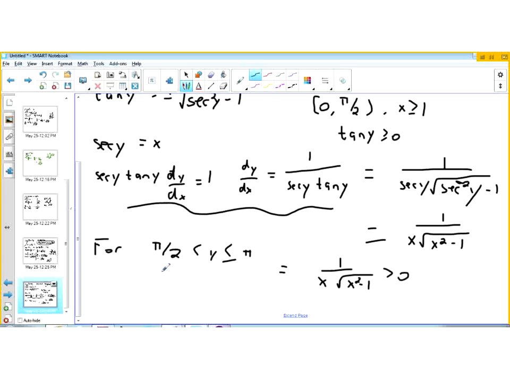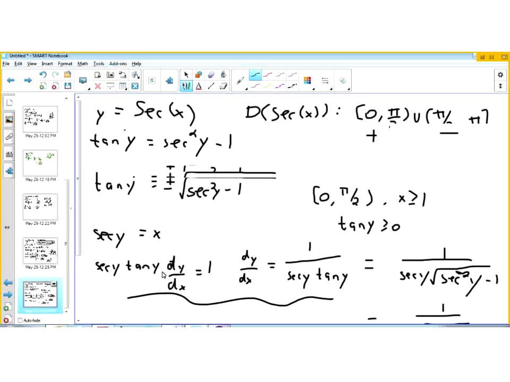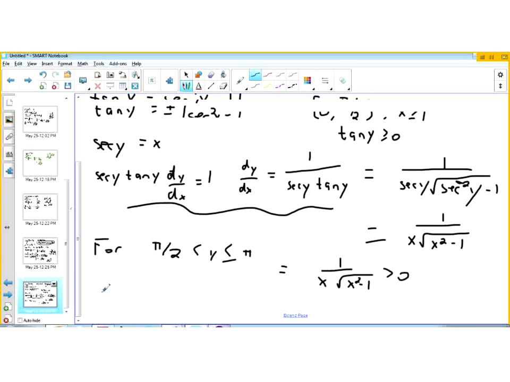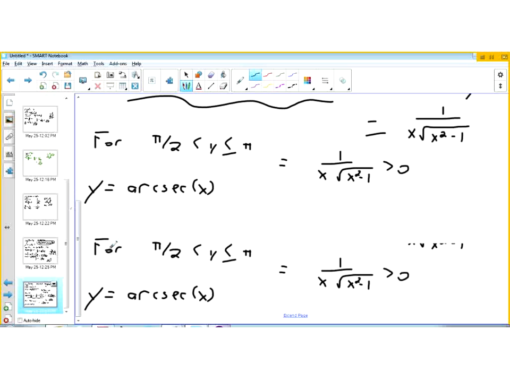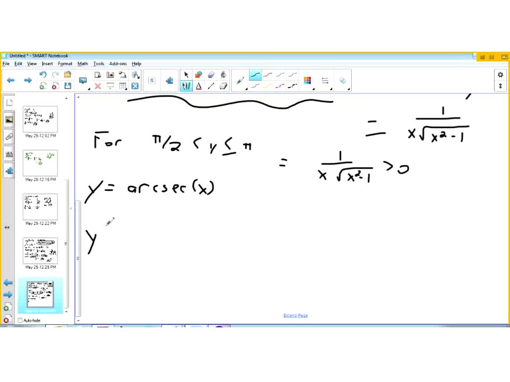So here's the dilemma we face with the arcsecant of x. We can summarize here. We can say that for y equals arcsecant of x, the derivative y prime is equal to 1 over x times the square root of x squared minus 1.